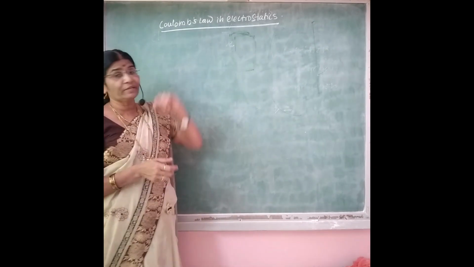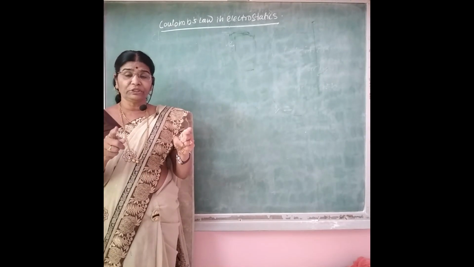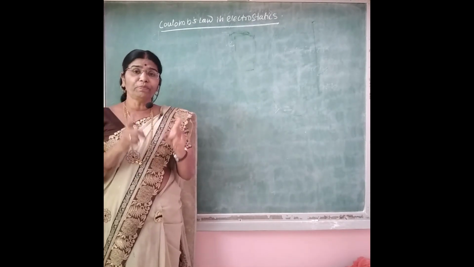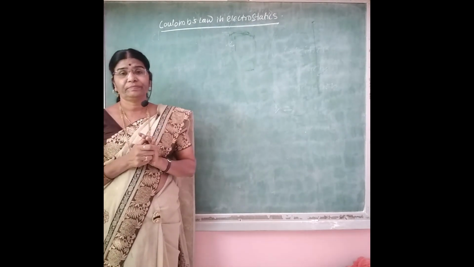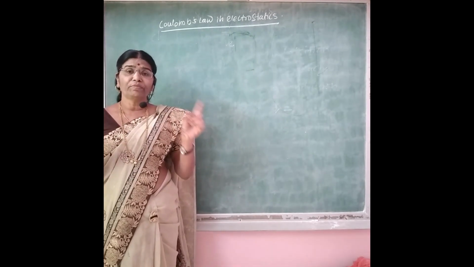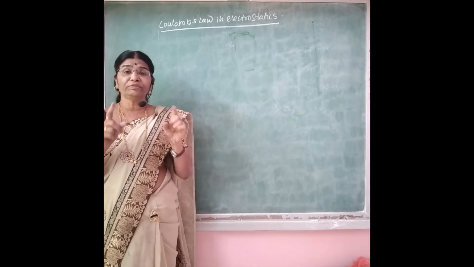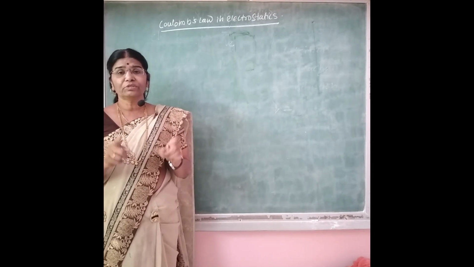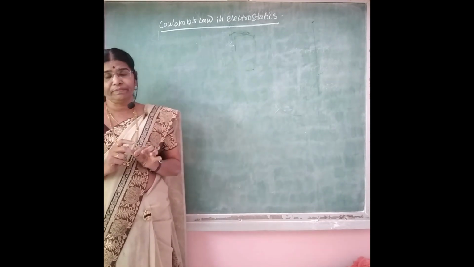This law states that the force of attraction or repulsion between 2-point electric charges is directly proportional to the product of magnitude of their charges and inversely proportional to the square of the distance between them.